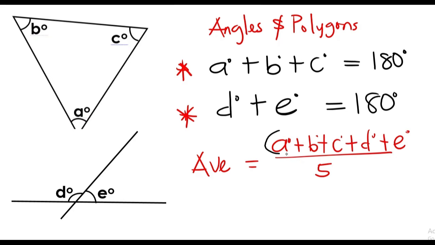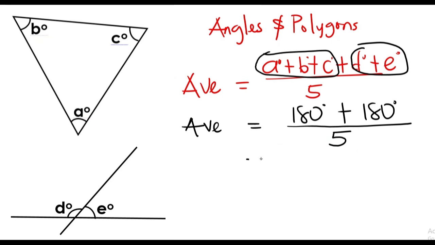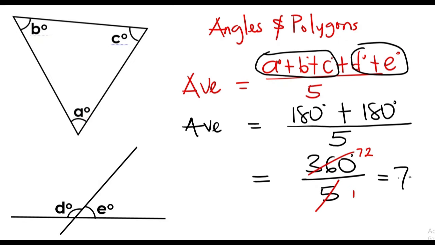Now that we know that A, B, C is 180, and we also know that D and E is another 180, we can easily say average equals 180 degree plus another 180 degree, everything all over 5. 180 plus another 180 is 360 degree divided by 5. 5 goes into 36 seven times, and 5 goes into 10 twice, that's 72 degree. So average equals 72 degree.